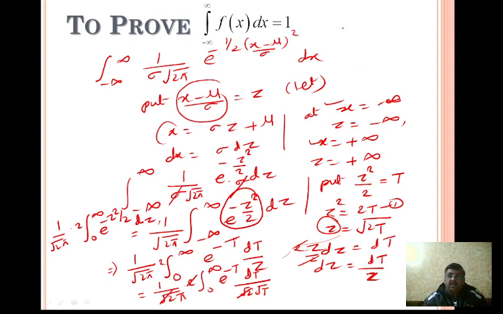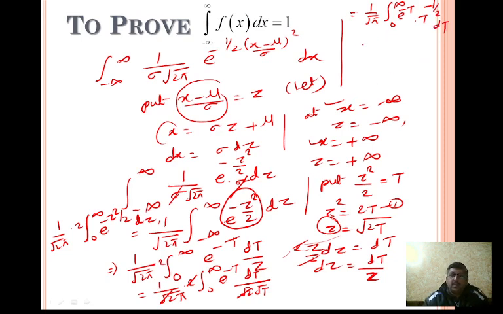So finally, what are the remaining, I am writing here just to save space. So this is equal to 1 upon square root of pi, right, and integration of 0 to infinity e to the power minus t into t to the power minus 1 by 2 dt.